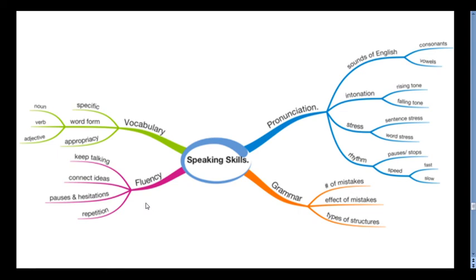So in this way, if you follow all these essential things, if you are good at vocabulary, if you are good at pronunciation, and if you are sound at grammar, automatically that will be reflected in the fluency of a language.